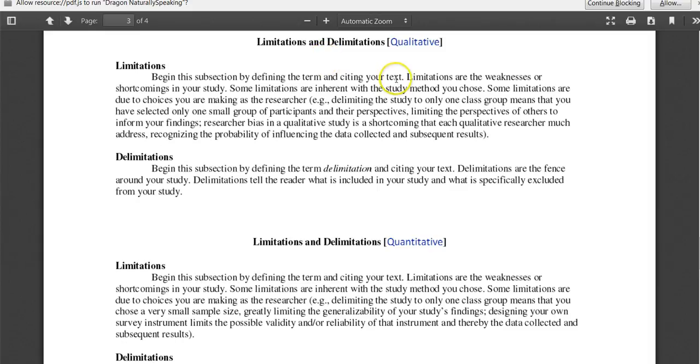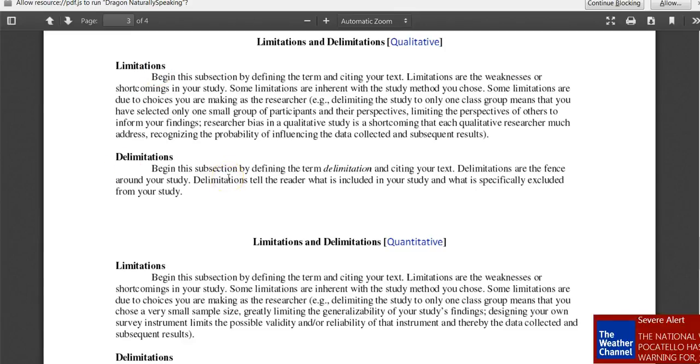Limitations and delimitations. For qualitative, the limitations, at ISU there's a preference for beginning with limitations first as a subsection, and then going to delimitations.